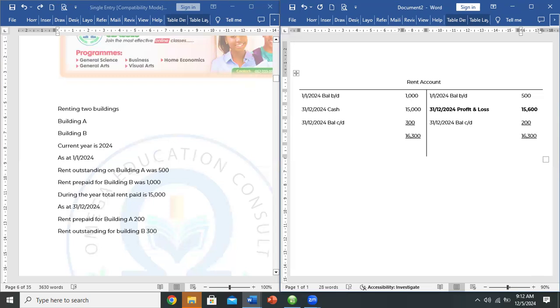Please confirm. Isn't it 15,500? Okay, so the total here was 16,300. We are lessing 500 and 200, so we are lessing 700 from it.